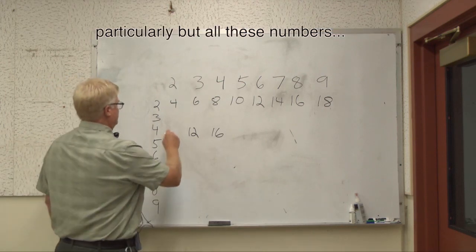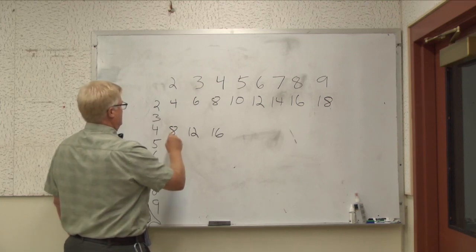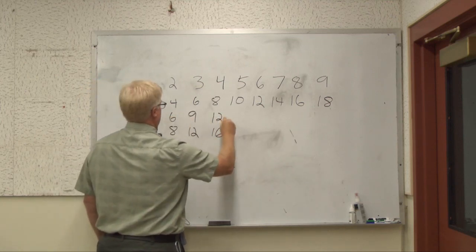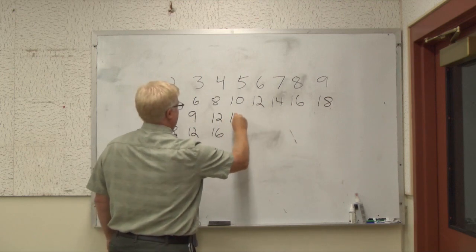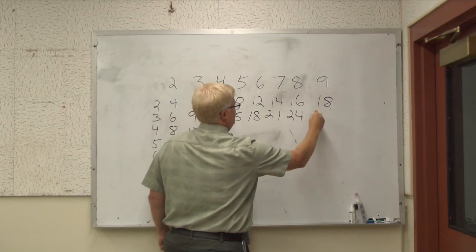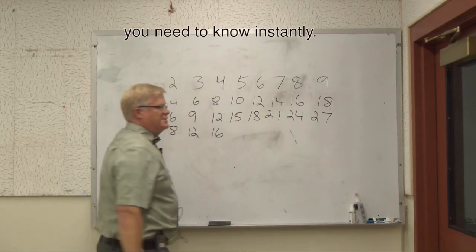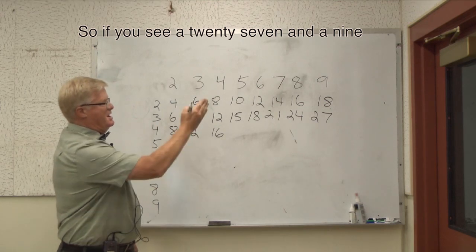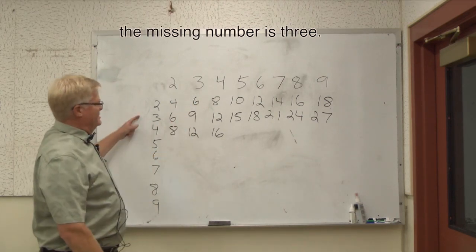But all these numbers, you need to know instantly. So if you see a 27 and a 9, the missing number is 3.